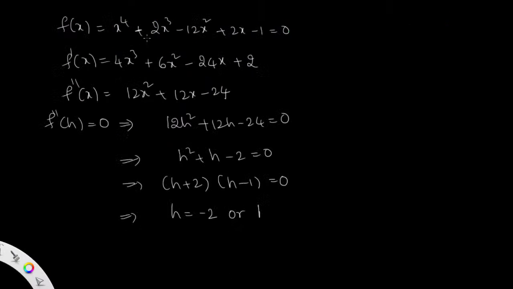That is nothing but the second derivative, f double dash of h equal to 0. So first f of x, f dash x, f double dash x, make it equal to 0, then we get the values h equal to minus 2 or 1.